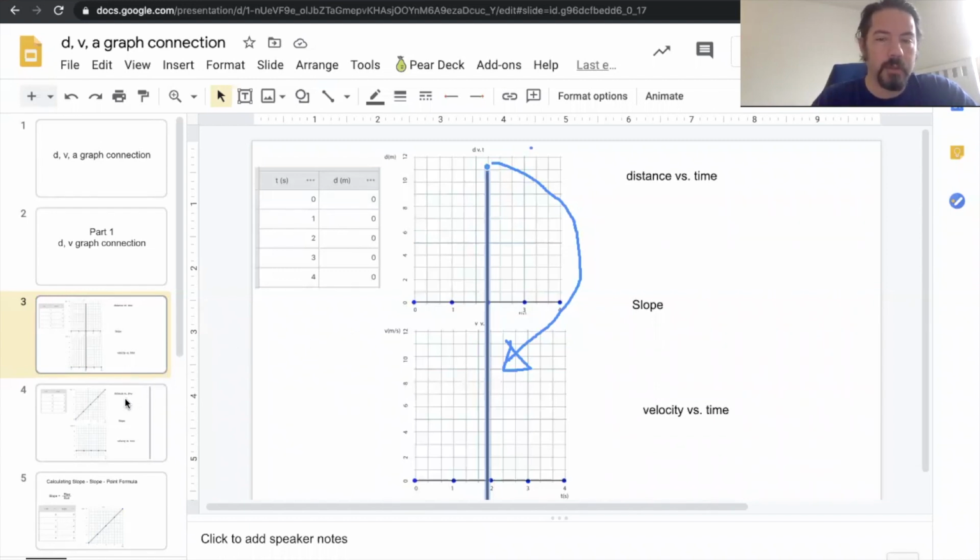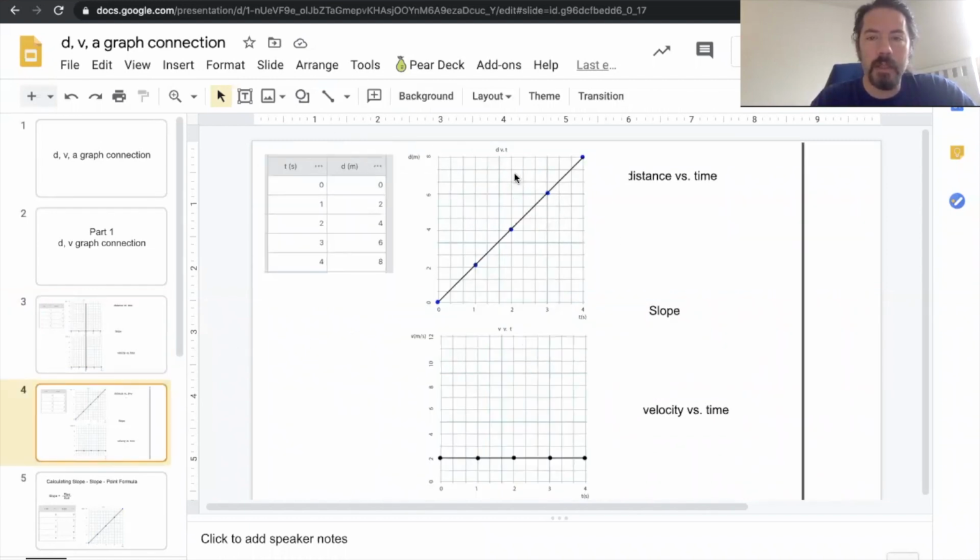Sounds pretty simple. Here's another one, same thing, distance versus time. We take the slope of it, and we arrive at the velocity versus time graph. Since this is a straight line, the slope never changes. So the slope here is rise 2 divided by 1, it's 2.